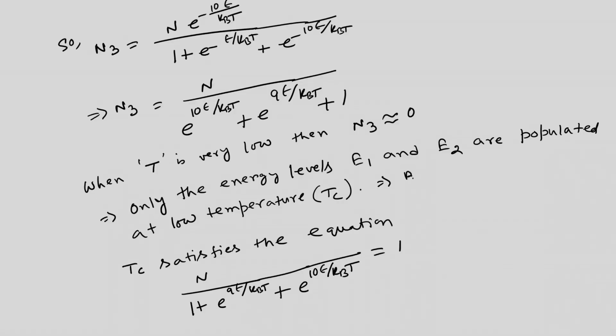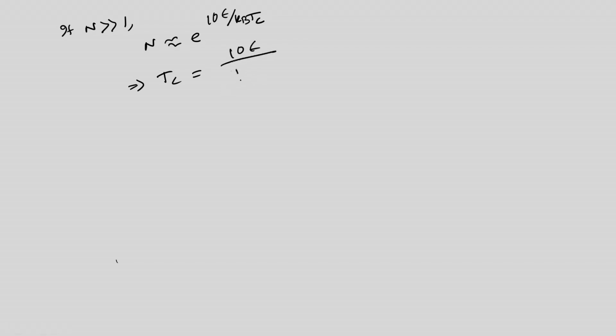So, at critical temperature Tc there is only one particle in level 3, and below Tc there is practically no particle. So, N3 goes to 0. So, if N is very large, then N equals e to the 10 epsilon by kBT, and T here is Tc. So, Tc is 10 epsilon by kB ln N. So, this is the threshold temperature or critical temperature.